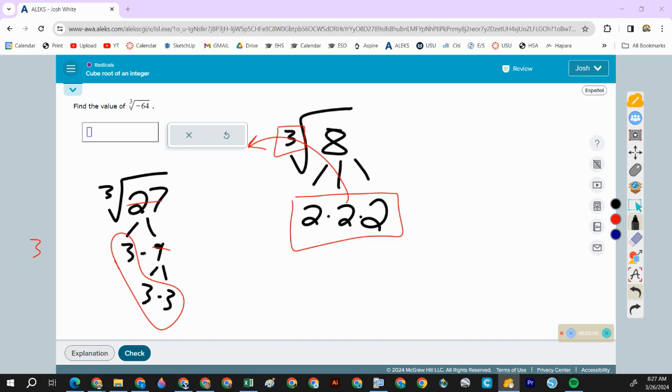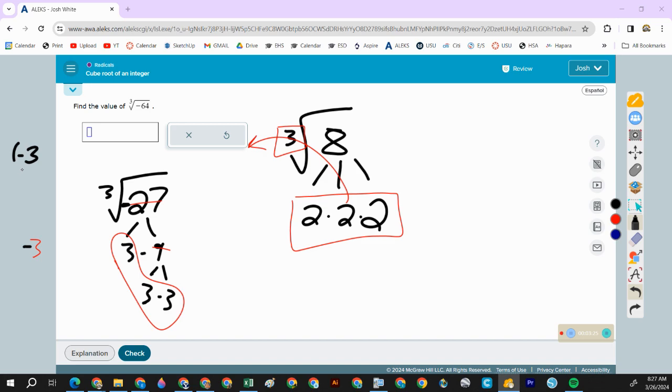Now, a weird thing happens with third roots. What if I make this negative? Is there a number times itself that is negative 27? Yeah, it's negative 3.